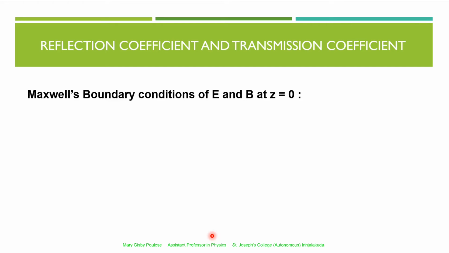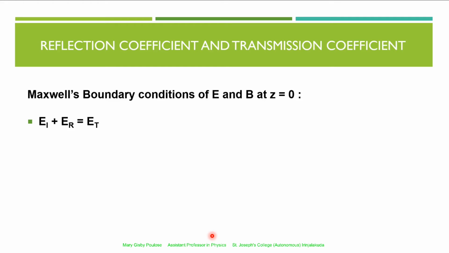Hence, at the boundary, the sum of electric fields on one side should be equal to the sum of electric fields on the other side. And in terms of magnetic field, the sum of the magnetic vectors on one side should be equal to the sum of the magnetic vectors on the other side.